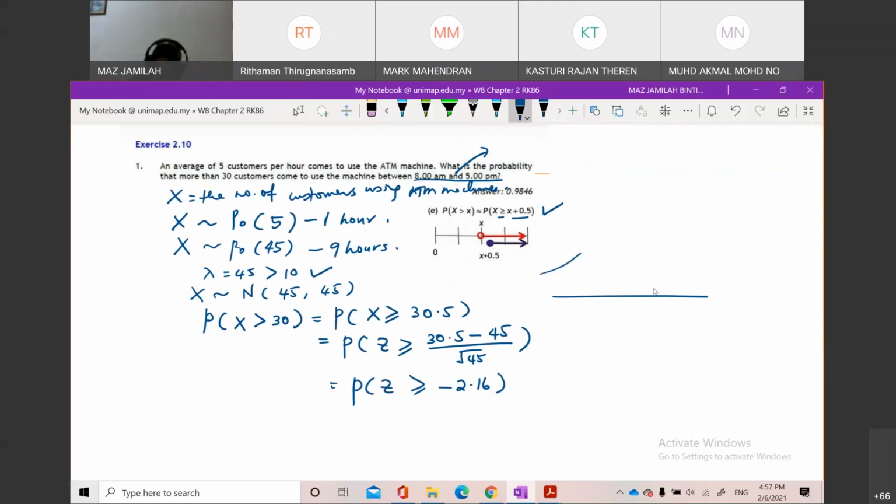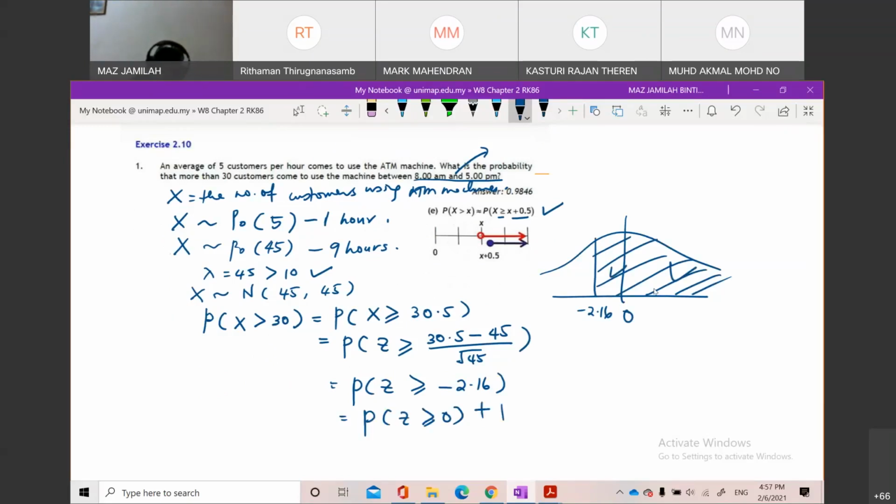If you draw 0 and negative 2.16, greater than, you have 0.5 and this part. So this will be P(Z >= 0) plus P(0 < Z < 2.16).